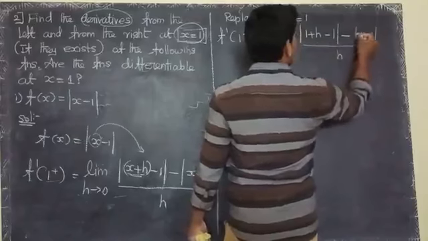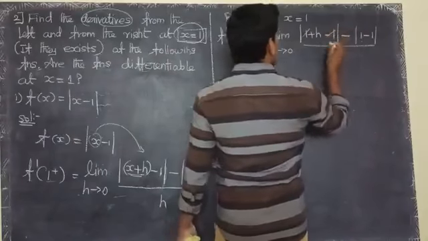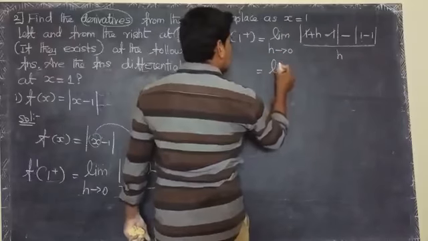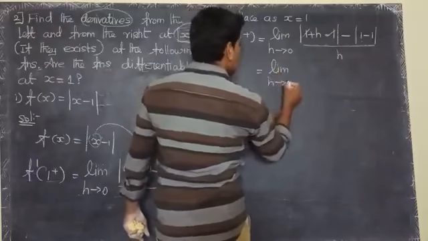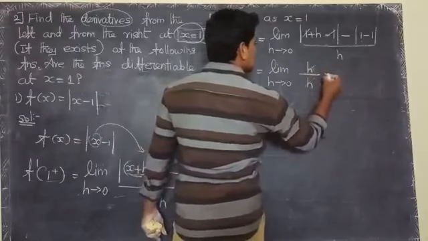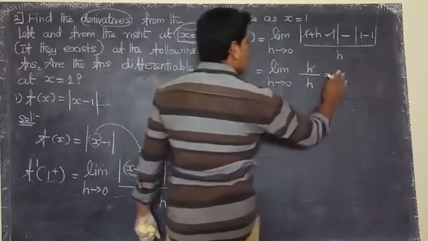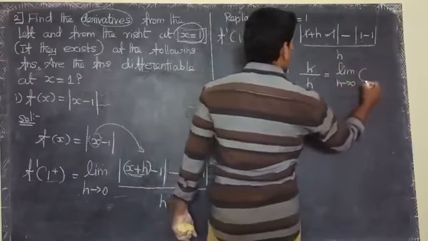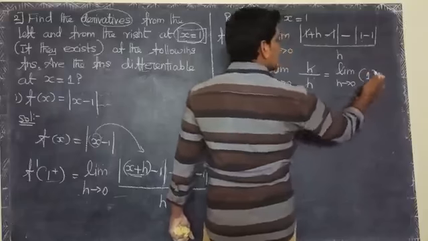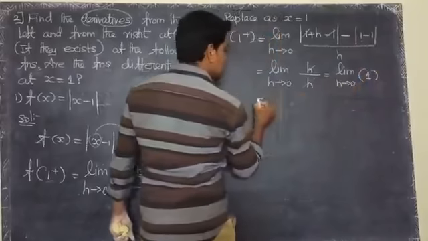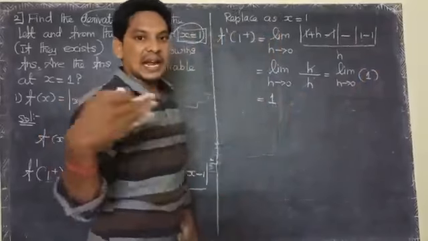Here 1 minus 1 is 0, the 1s are cancelled, finally h divided by h. The h in the numerator and denominator are cancelled, giving 1. This is the constant function. Replace h equal to 0 in the given function, which is equal to 1. This is the right derivative.